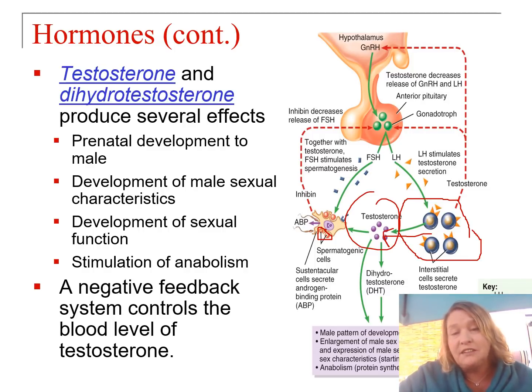Remember the Sertoli cells secrete inhibin, and that inhibits the secretion of FSH, right? So remember that FSH stimulates spermatogenesis, so it controls spermatogenesis. So the FSH controlling spermatogenesis, you see here, it's green, it's coming down, controlling it, and then you have inhibin as your negative feedback mechanism to stop FSH from being secreted.